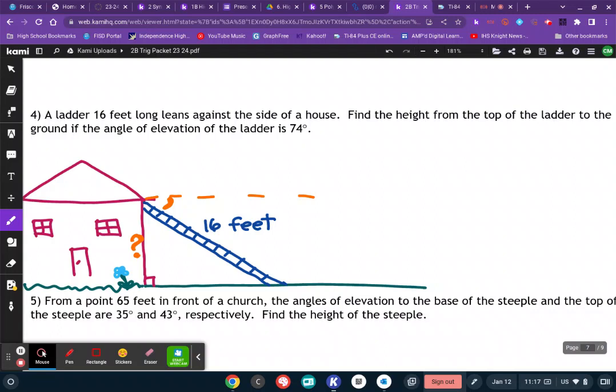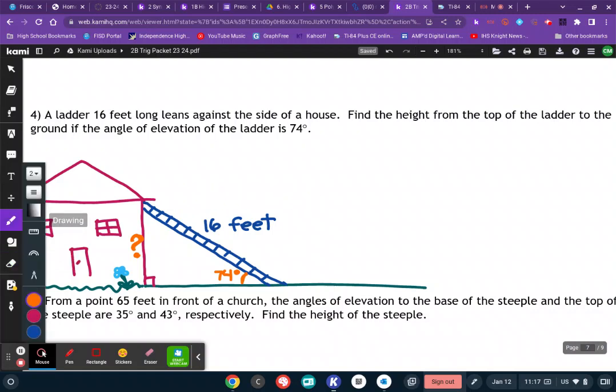And let's see, right here. Correct. So this is my 74 degrees down here. What trig function do we want? Again, I think that would be the best because this is my theta.